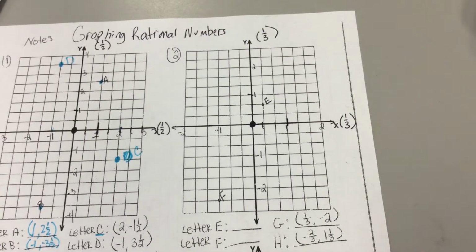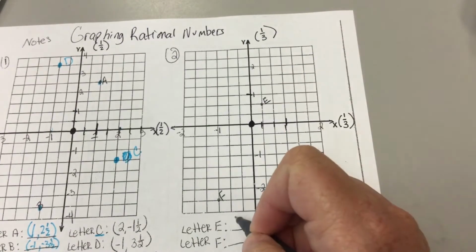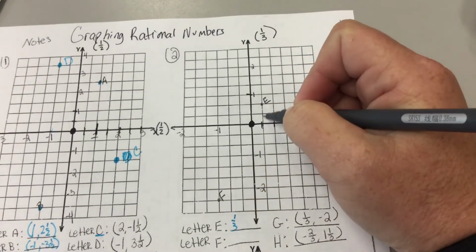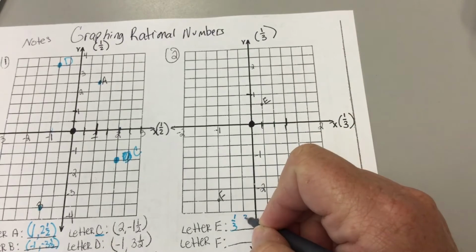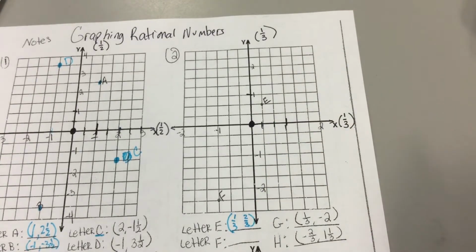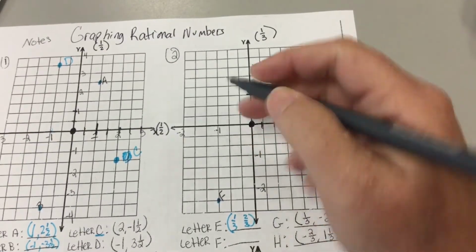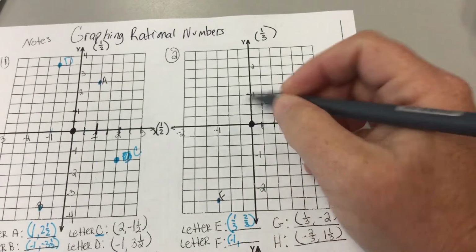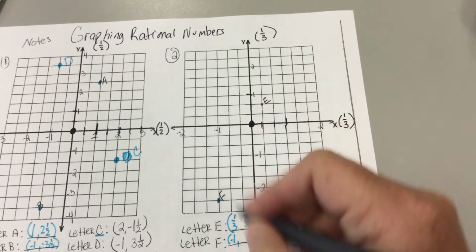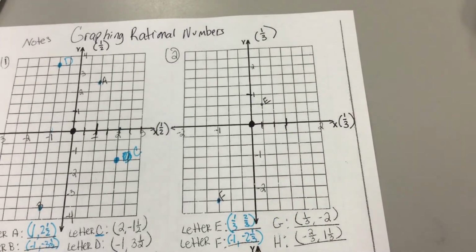All right, now the easy part of graphing it. Find out where E is. E is at 1/3 and 1/3, 2/3. Perfect. That's in quadrant 1. And then we have F, which is going to be -1 and -2 and 1/3. Perfect.